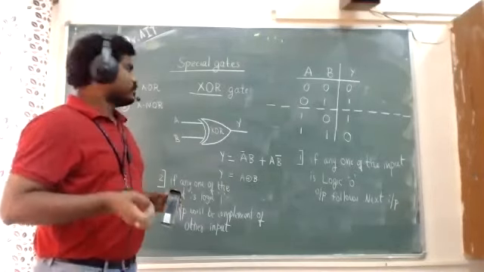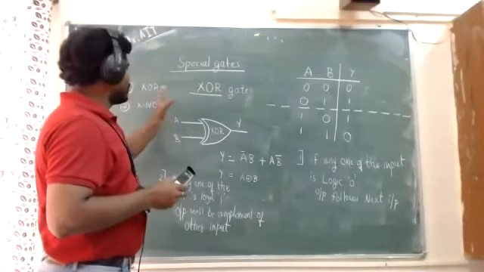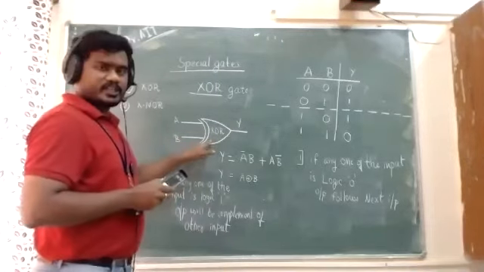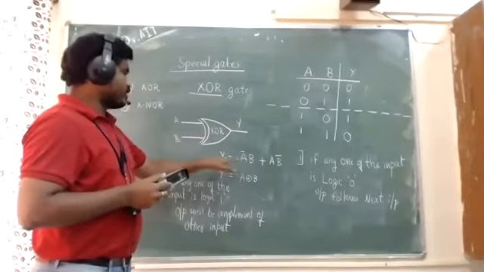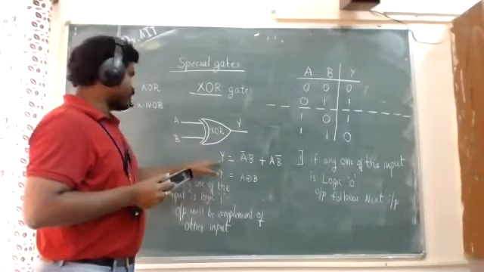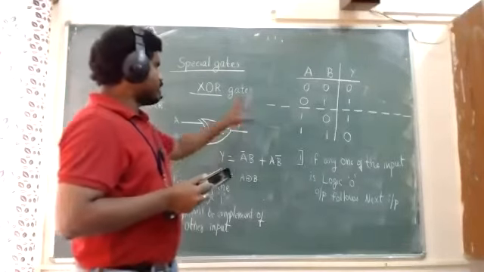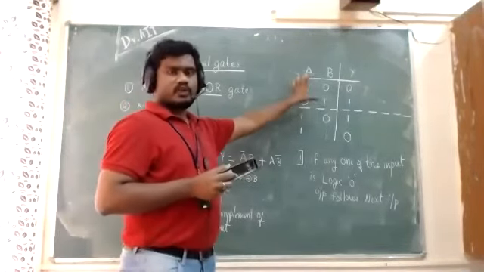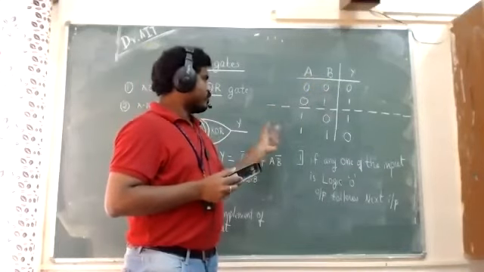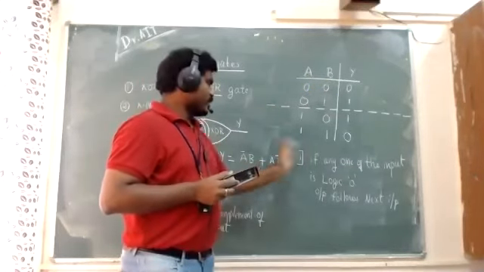I hope it's clear. So we discussed the XOR symbol representation, then the logical expression for the XOR gate, and then, taking this truth table as reference, we discussed two special properties of the XOR gate.